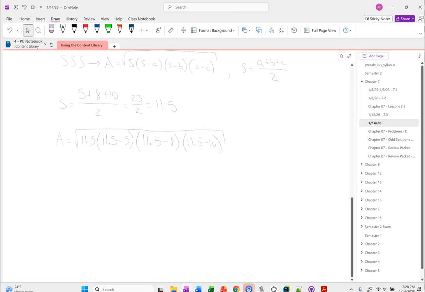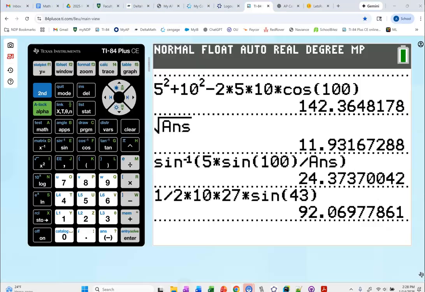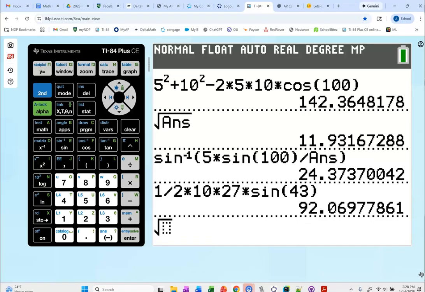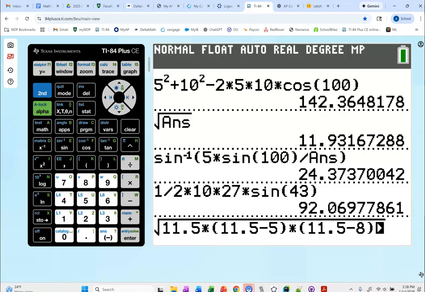Okay. And now it's just calculator time, right? Square root 11.5 times 11.5 minus 5 times 11.5 minus 8 times 11.5 minus 10. Do you have to put the times every time in between the parentheses?